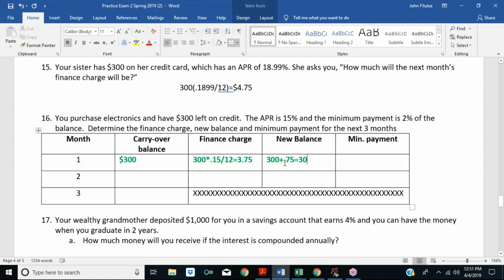303.75. So the minimum payment, it says, is 2%. So that's 303.75 times 0.02, and that is $6.08.